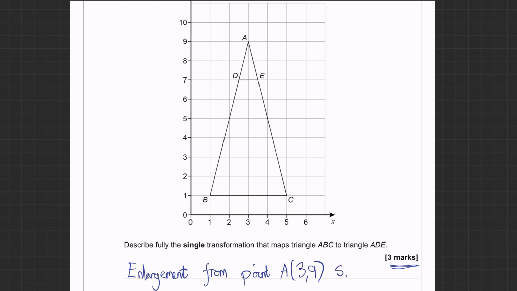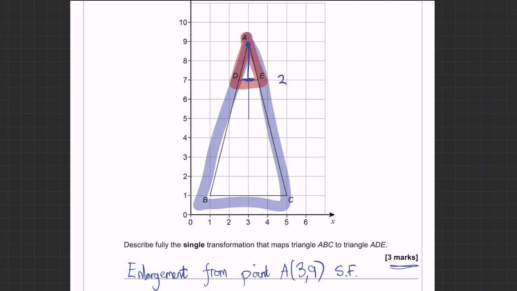So the scale factor for this one, well, ABC becomes ADE. So it actually gets smaller. So the scale factor is going to be smaller, so we can probably assume it's a fraction. Well, I'm going to count here. So we've got from A, it goes down 1, 2. So that's 2. And then 3, 4, 5, 6, 7, 8.